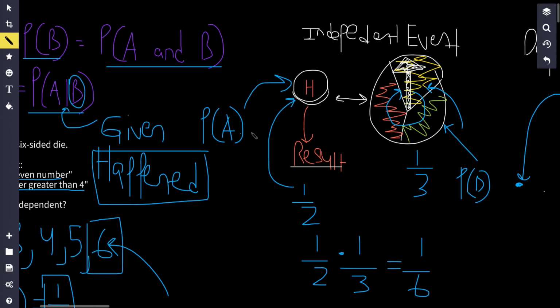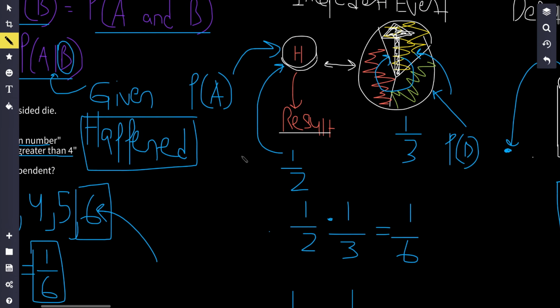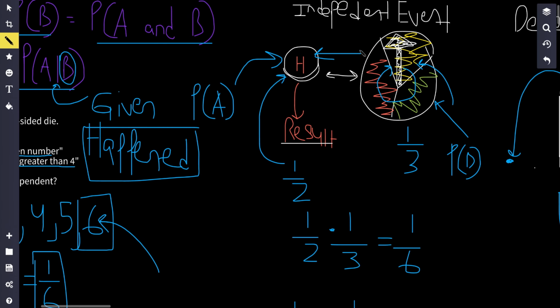Well, that just means what is the probability of me getting heads given that we got yellow on the spinner? So if I already got yellow on this spinner, then what are the chances that I get heads? And the probability for that is just going to be 1/2. Because think about it. These two events don't have an effect on the probabilities of each other.